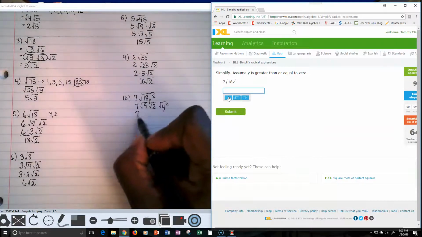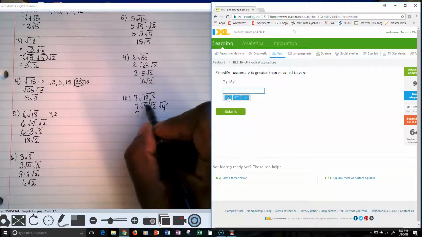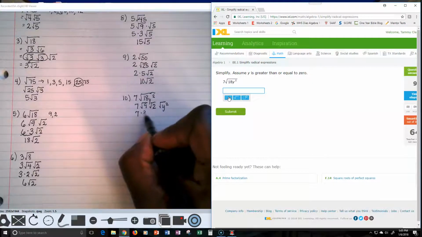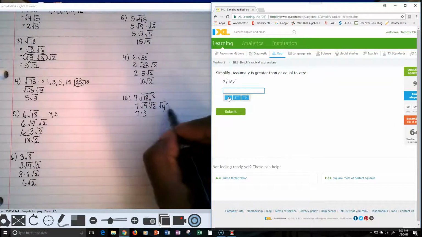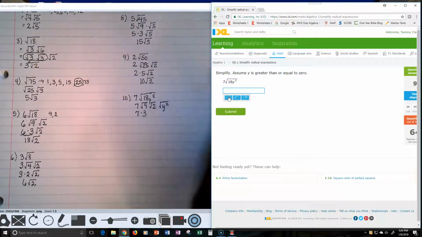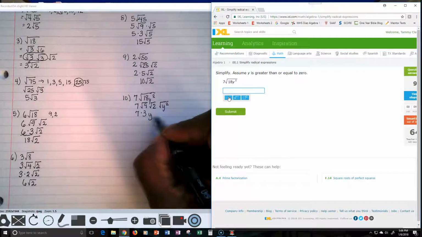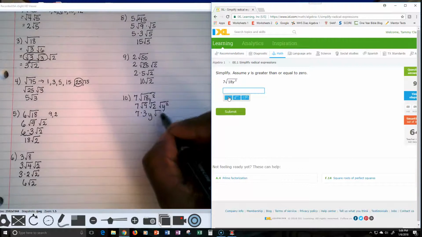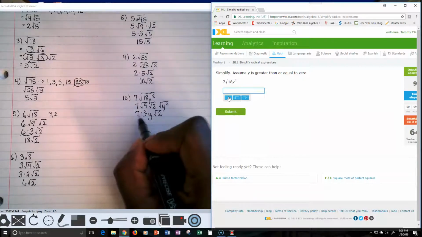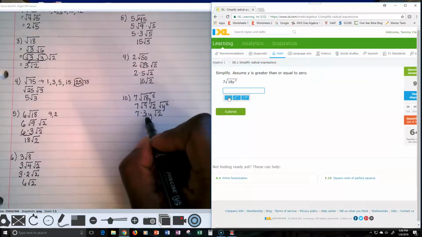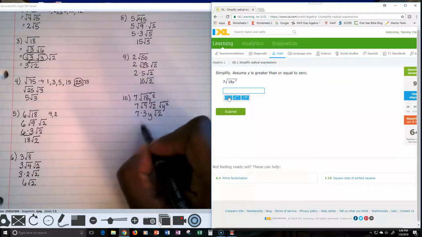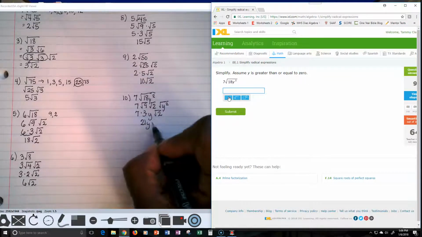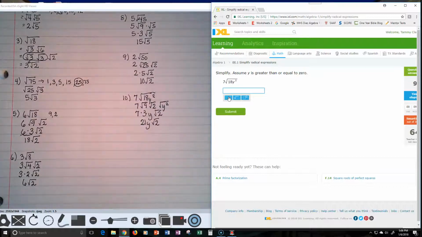Well, 7 times the square root of 9, square root of 9 is 3, so I'm going to take that. And then I can take the square root of y squared because I know y times y is y squared. So I'm going to bring that out. We'll multiply that, and then we're going to keep the root 2. So this would be 7 times 3, which is 21, times y, which is 21y, root 2.